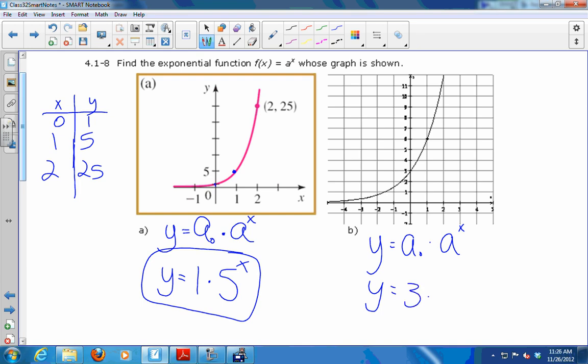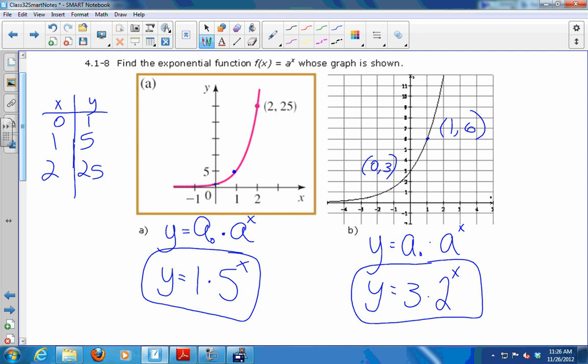And then my next point here, so I have 0, 3. My next point is 1, 6. What do you multiply 3 by to get to 6? 2. So I'm doubling. My y values are doubling for every x value. So this should be times 2 to the x.